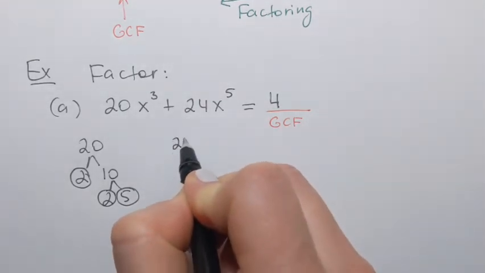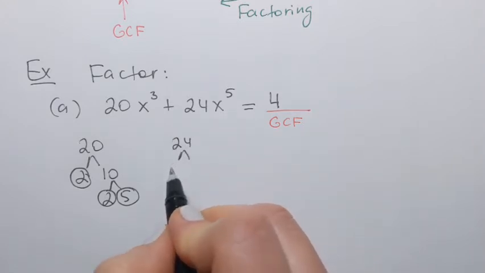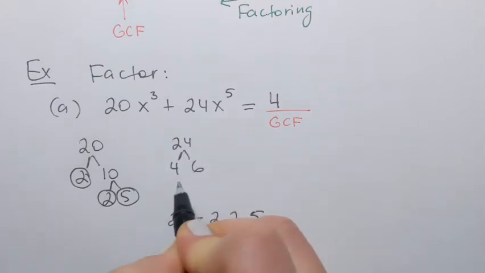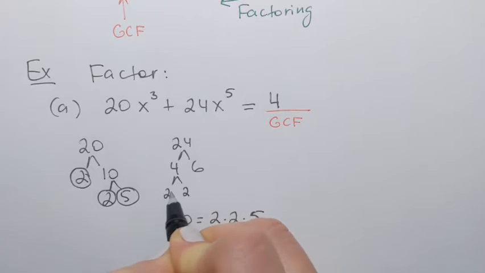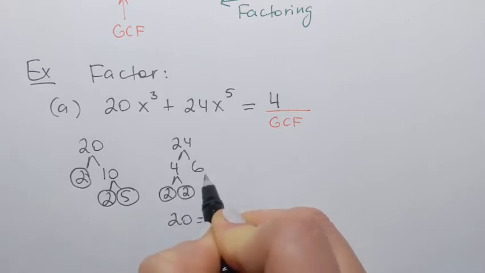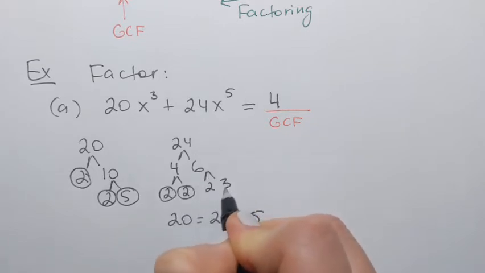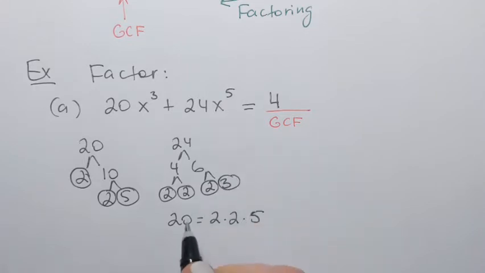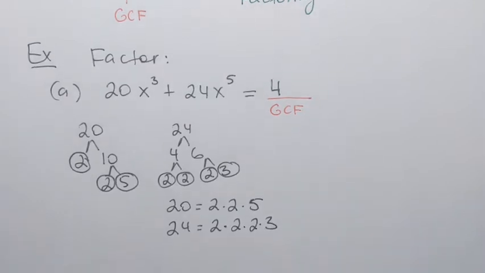How about 24? 24 I can split as 4 times 6. 4 is 2 times 2. These are primes, and then 6 is 2 times 3. They're also primes, which means that 24 consists of 2, 2, 2, and 3. This is the prime factorization of 24.